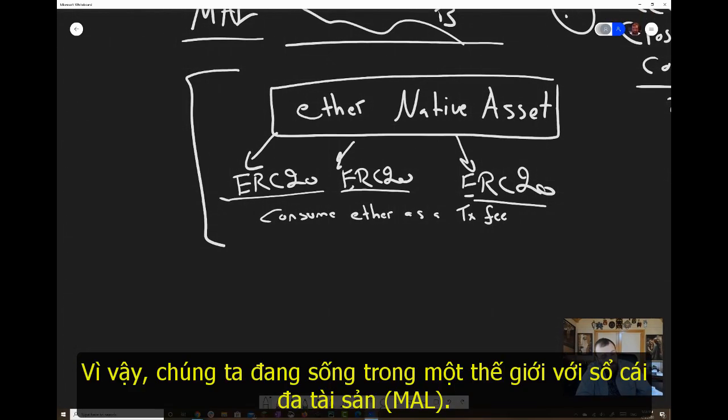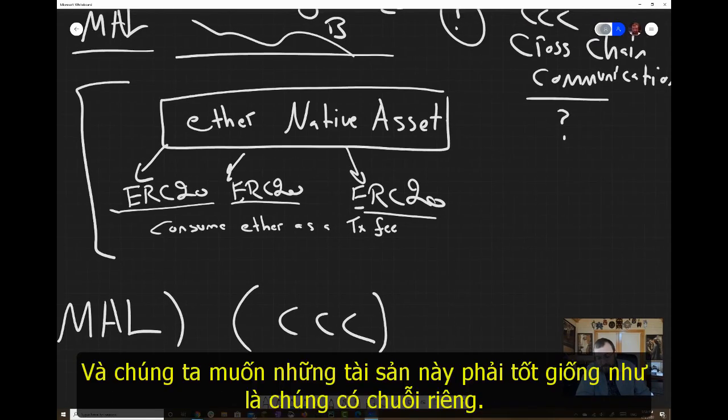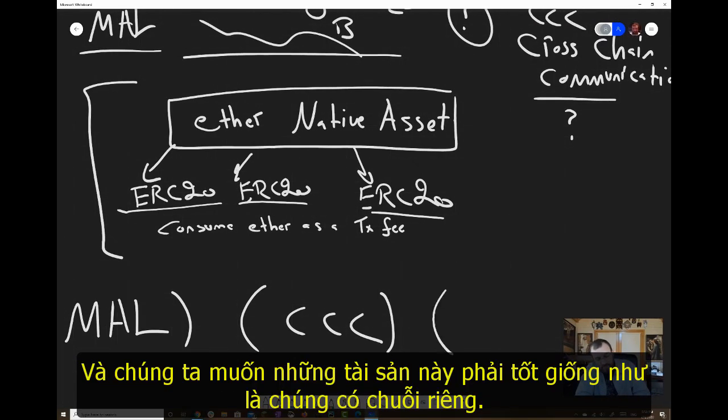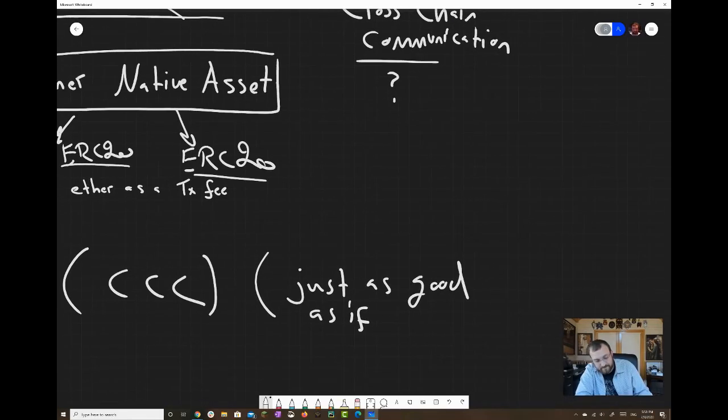So we live in a world that's MAL. We want multi-asset ledgers. We live in a world that wants to do cross-chain communication. And we live in a world where we would like these assets to be just as good as if they had their own chain.